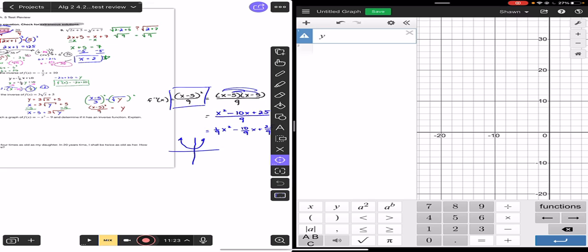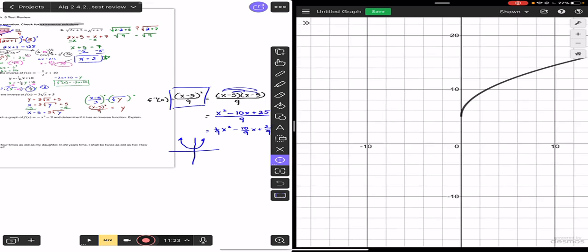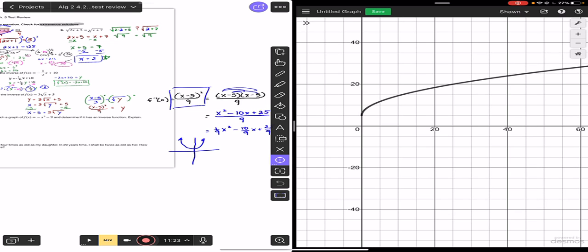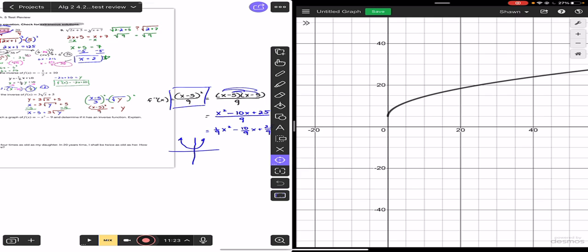Let me type it in here again. y equals 3 root x plus 5. So there we go. Oh shoot, that's not right. Equals. That's better. Now let's shrink him. So there's your graph right there. We can clearly see that he passes the horizontal line test, so he should have an inverse.